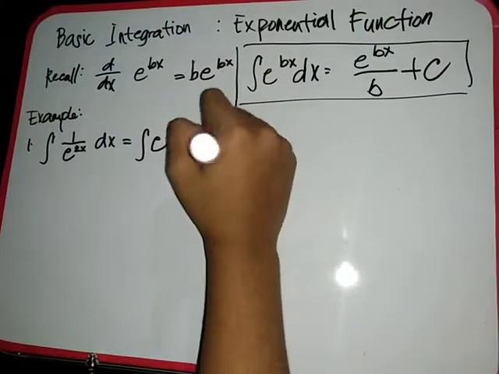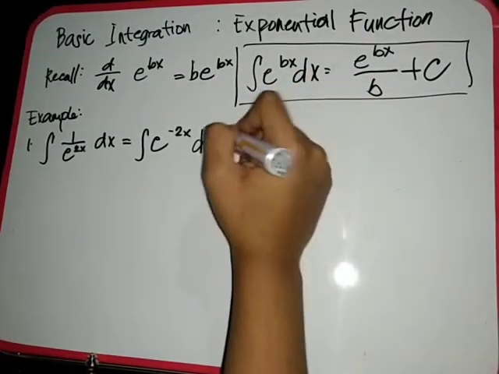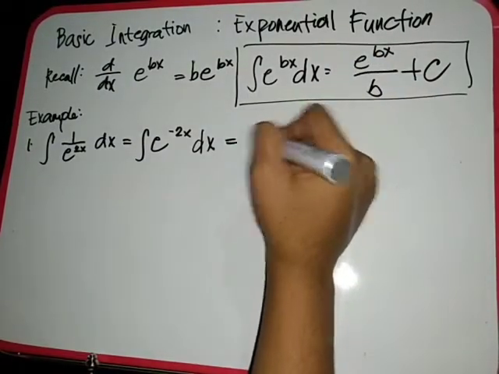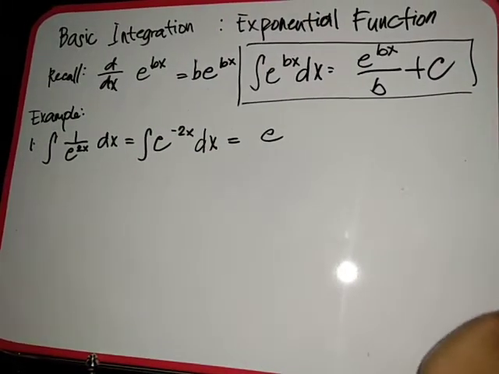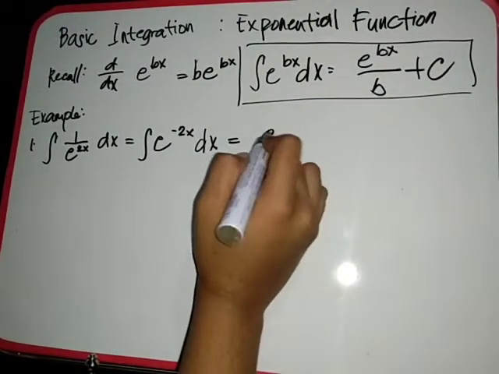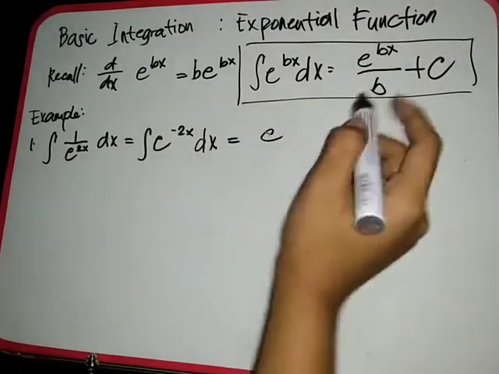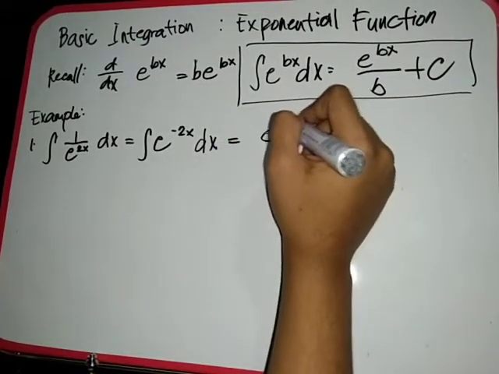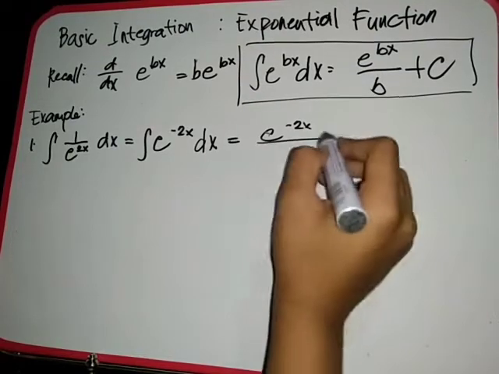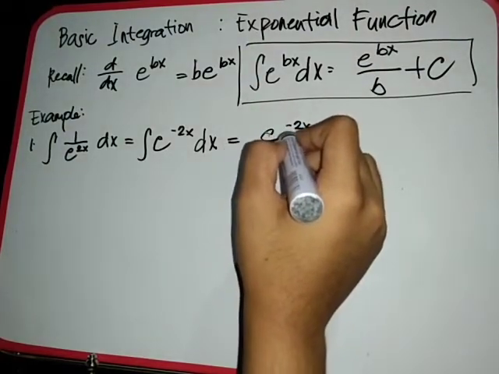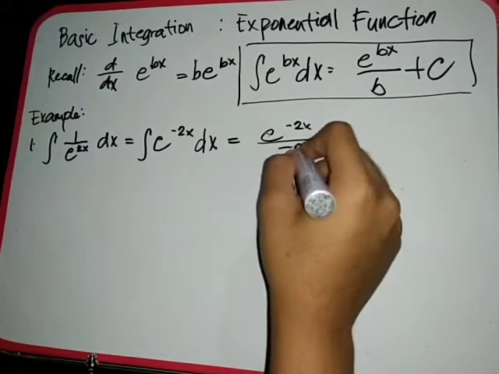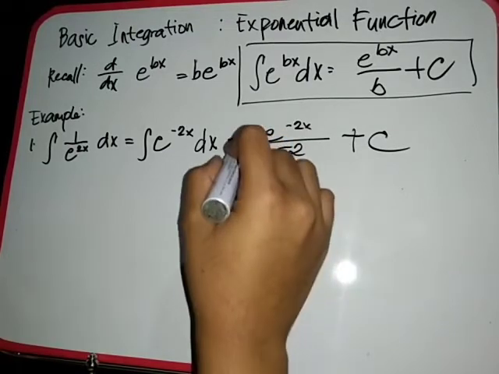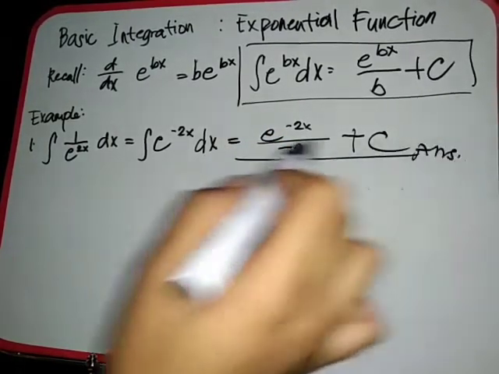And then copy dx, is equal to e raised to bx, or raised to negative 2x, over negative 2, plus c. This is the final answer.